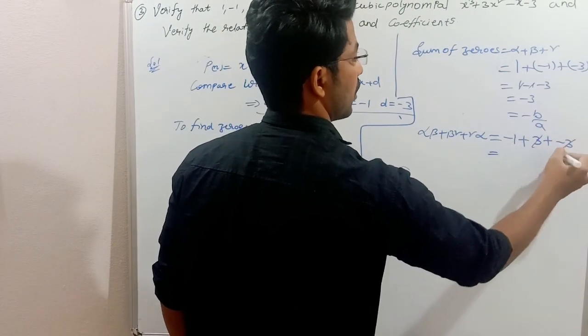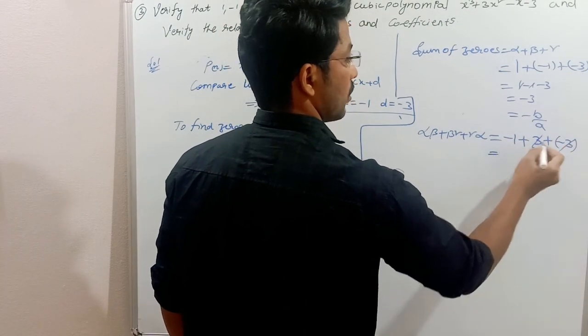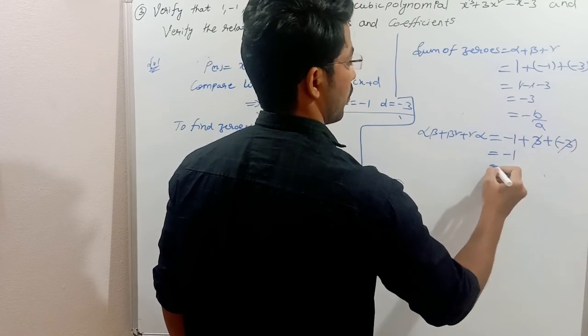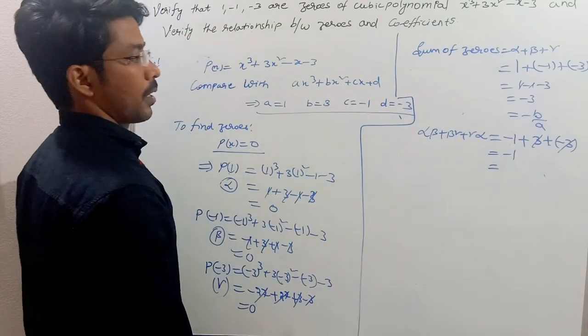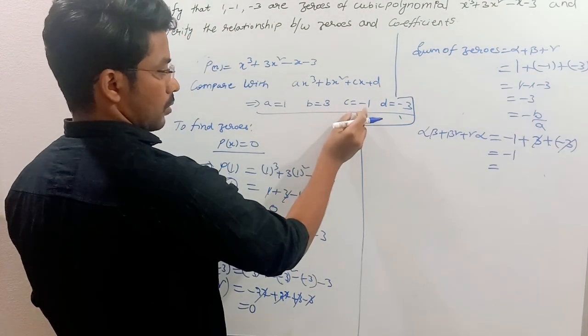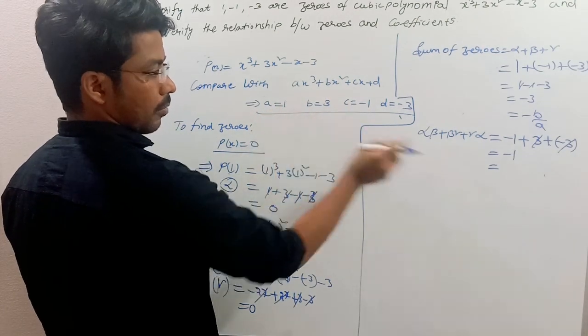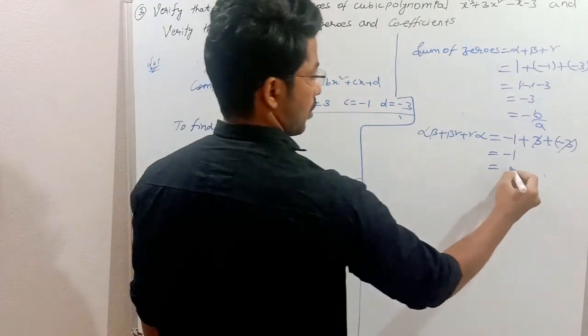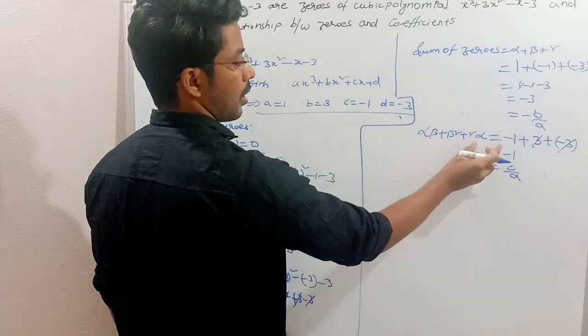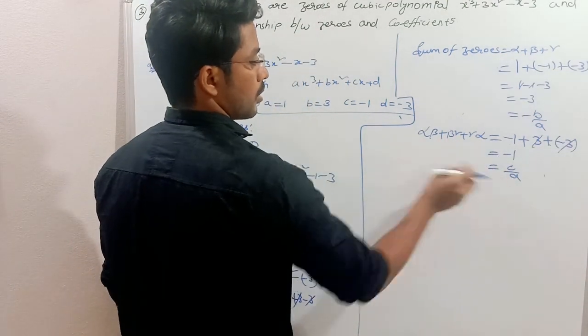So 3 and 3 get cancelled and minus 1 will remain. If you observe here, compare the relationship: c and a, then only we get the value minus 1. So c by a.